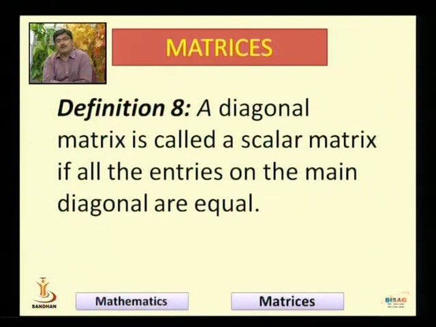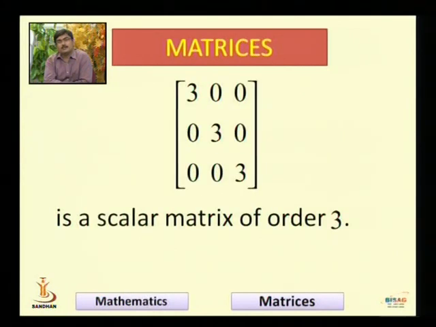So, let us take one diagonal matrix. I am not specifying the order of the diagonal matrix, you can take any diagonal matrix of any order. Now, we say that such a matrix is a scalar matrix if all the entries of the main diagonal are equal. So, here is actually a diagonal matrix because all the elements not lying on the diagonal are 0.